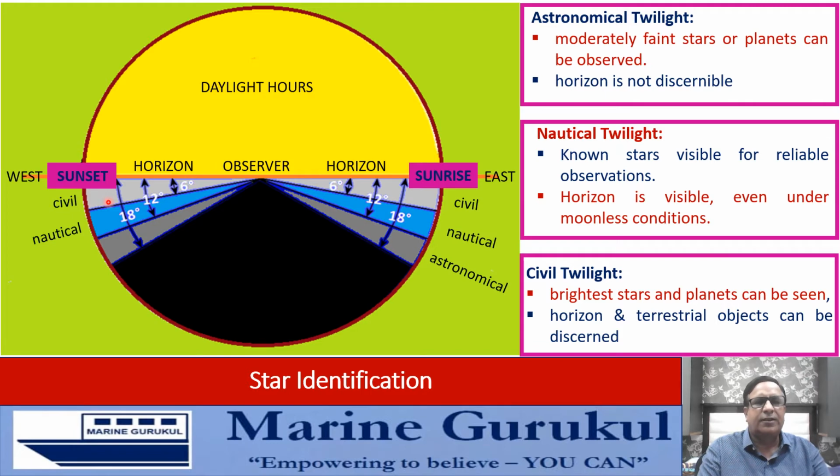When the sun center reaches 12 degrees below the horizon, that's the end of nautical twilight. And when the sun center reaches 18 degrees below the horizon, that is the end of astronomical twilight, and now you have the night or the hours of darkness.